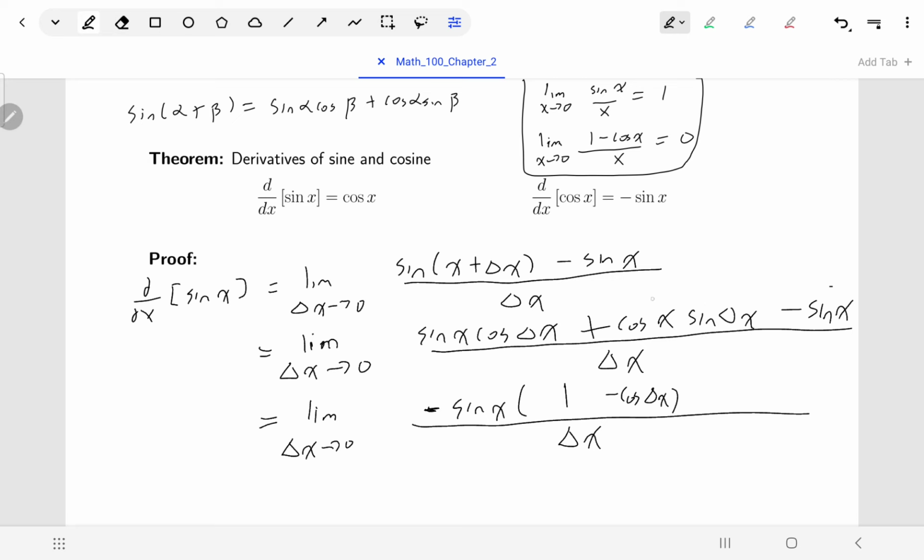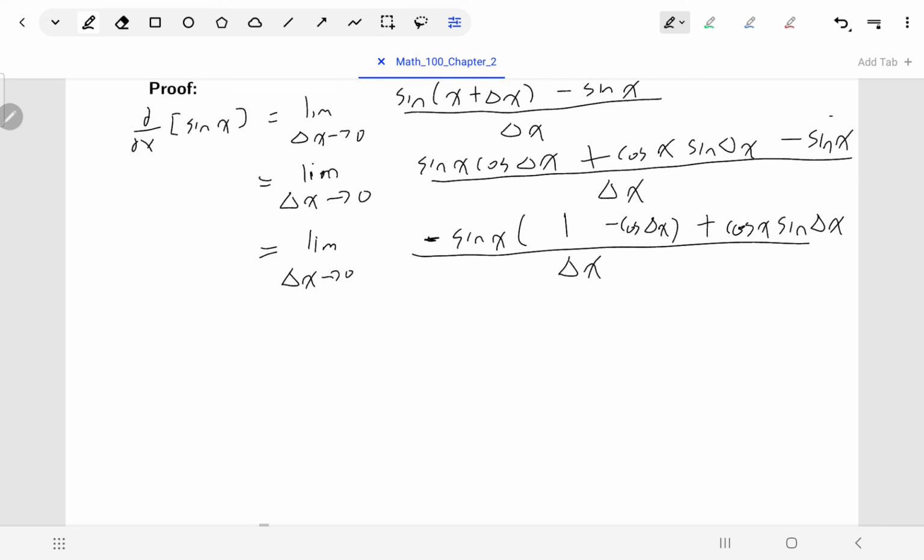The middle term I'll just leave as it is: cosine of x times sine of delta x. Now what I'm going to do is split this up into two fractions.